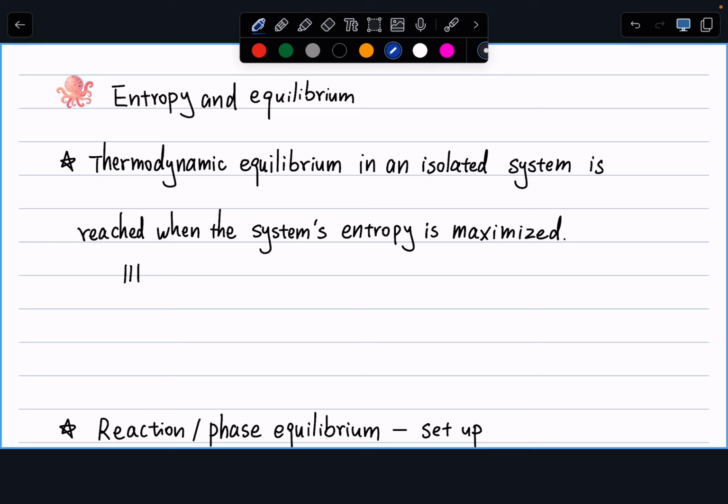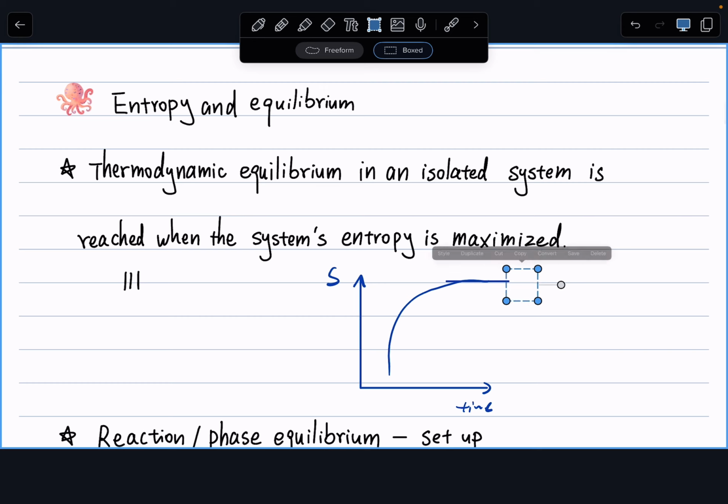So this is the curve that we end up getting, right? If you plot entropy with respect to time, we have the entropy increase until we reach equilibrium. So at equilibrium, we have all reversible processes, so dS equals 0 at equilibrium.